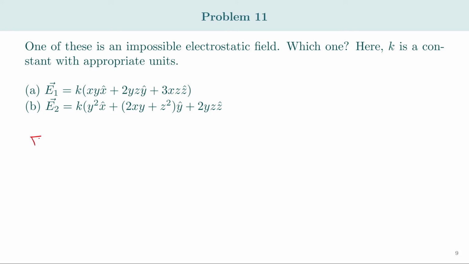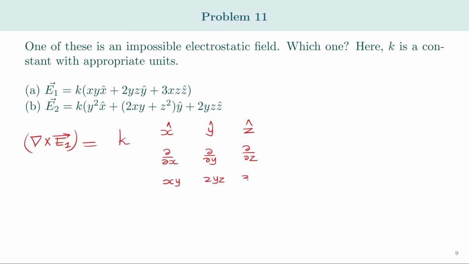When we take del cross E1, this is equal to K times the determinant with x hat, y hat, and z hat, then dou over dou x, dou over dou y, dou over dou z, and then xy, 2yz, and 3zx.